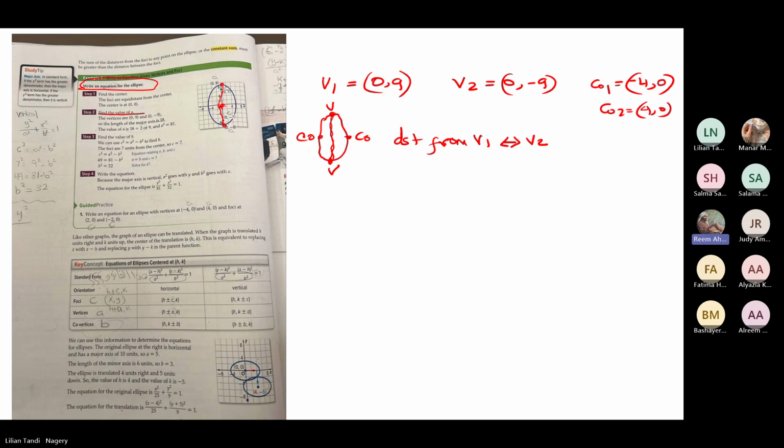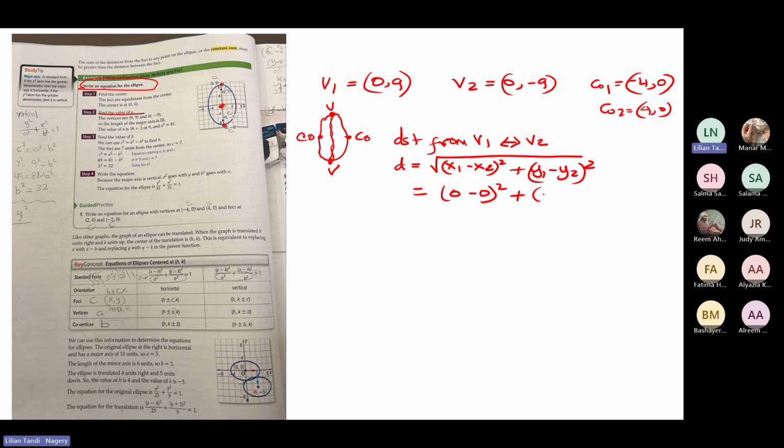But if I forget, I can use the distance formula. D equals the square root of x1 minus x2 squared plus y1 minus y2 squared. This gives 0 minus 0 squared plus 9 minus negative 9 squared, square root.